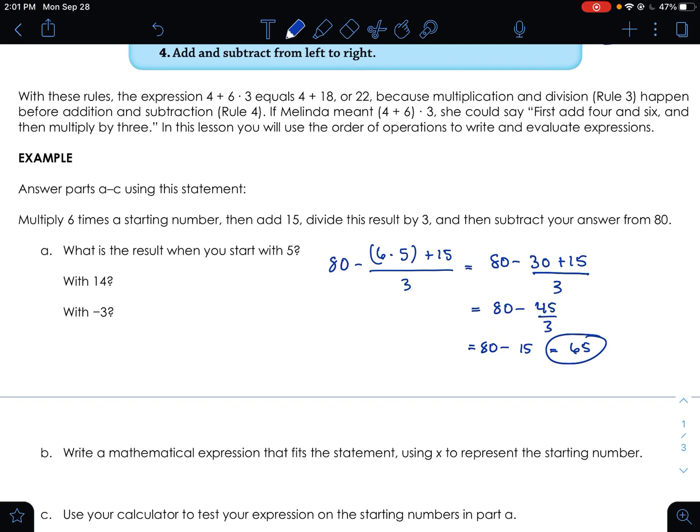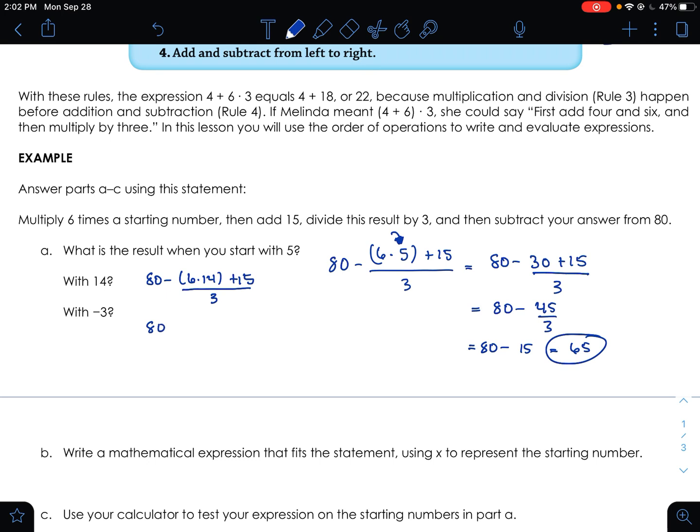Now, for 14, you would do the same thing, except your starting number is changing. Our starting number in part A was 5, so that starting number is going to change. For 14, you would have 80 minus 6 times 14 plus 15, divide that quantity by 3, and you would evaluate that.